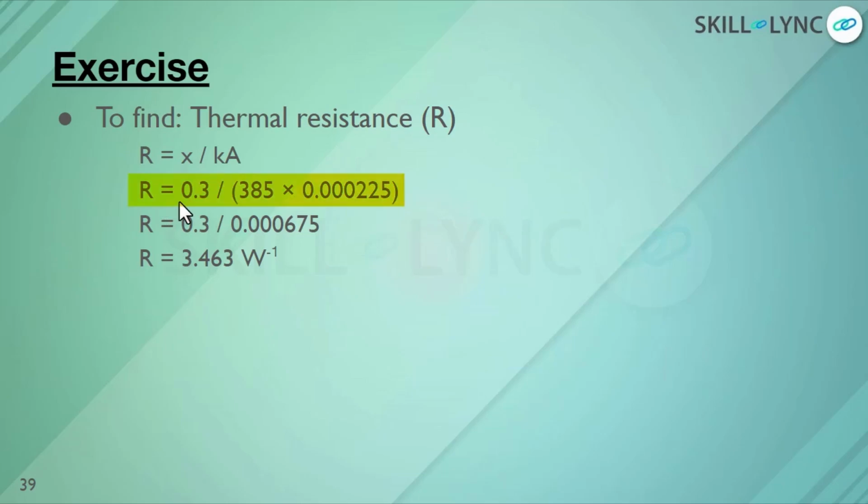Thereby, R is equal to 0.3 upon 385 into 0.000225. We have just put the numerical values into the equation, and on simplifying, we get the thermal resistance as 3.463 per watt. This is the answer to our question.